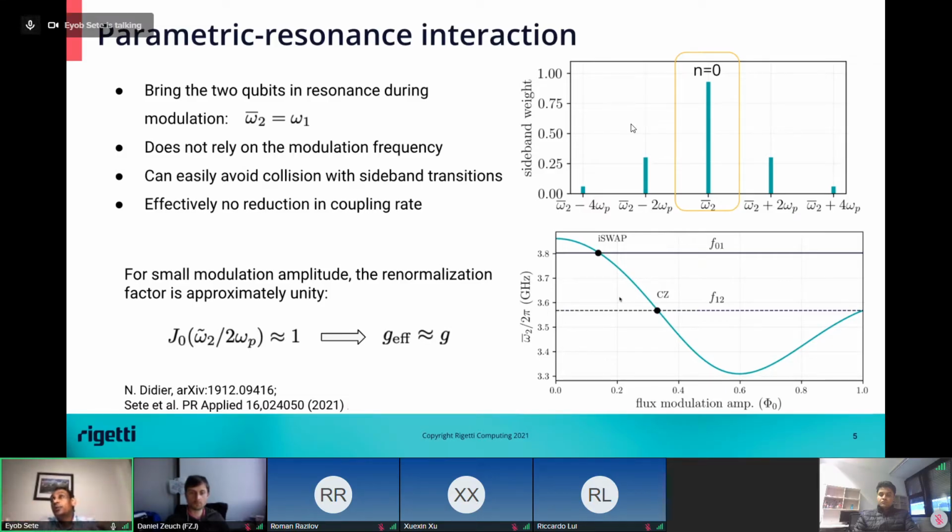The average frequency of the qubit over a period does not depend on the modulation frequency. So I can use any modulation frequency I want to avoid any collision around that resonance. So it's very easy to activate the gate. This is the main idea. First, it gives me back the bare coupling from design, no reduction. Second, flexibility in choosing the frequency of modulation of the flux pulse.